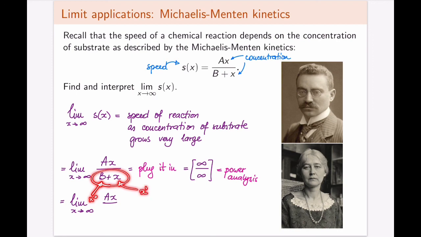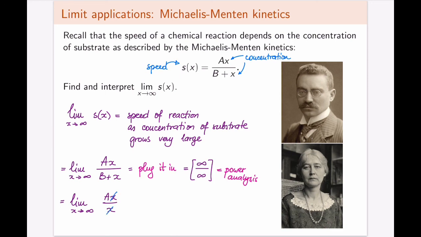The larger power of x is represented by x. And so by the power analysis, that's the term that we're going to keep. So once again, this is actually a more rigorous way of writing down the power analysis using the limit notation. And then our justification is now the familiar, well, x's will cancel.